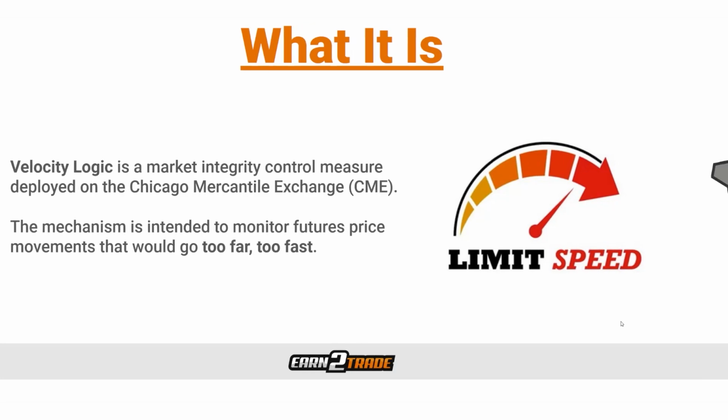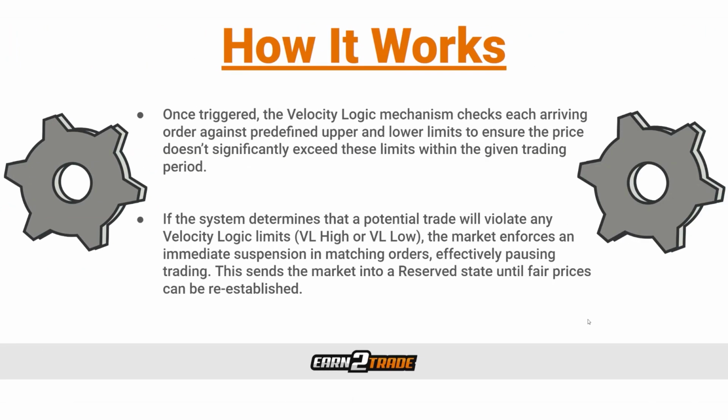And the way that it does this is, once triggered, the velocity logic mechanism checks each arriving order against predefined upper and lower limits to ensure the price doesn't significantly exceed these limits within the given trading period. If the system determines that a potential trade will violate any velocity logic limits, VL high or VL low, the market will then enforce an immediate suspension in matching orders, effectively pausing trading.